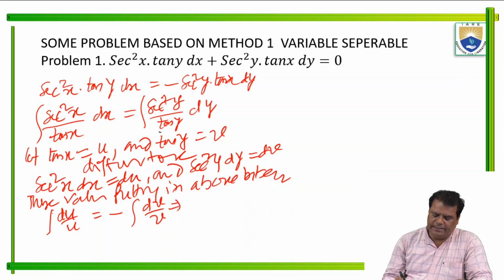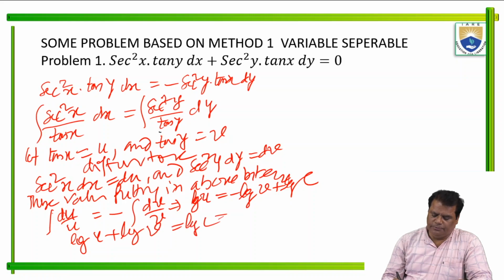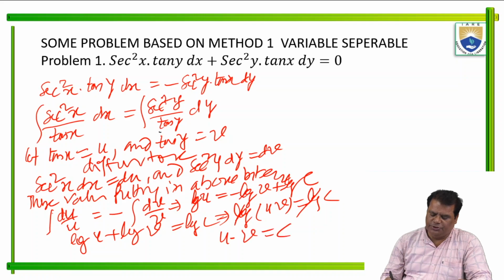So this implies log u equals minus log v plus log c, c an arbitrary constant. So log u plus log v equals log c. This implies log uv equals log c. So log is cancelled, u into v equal to c.